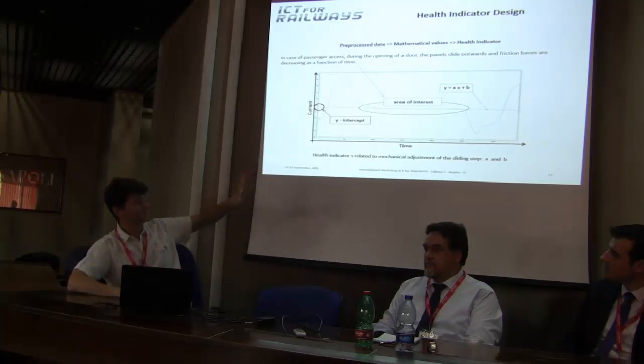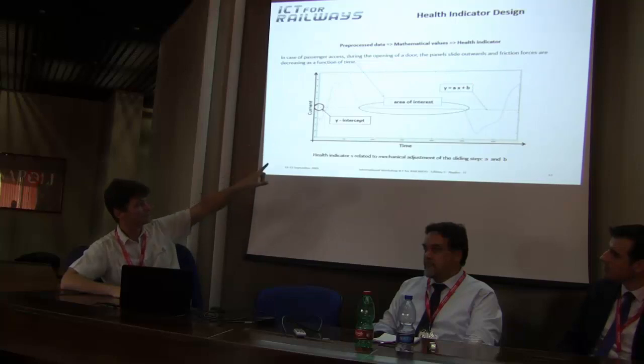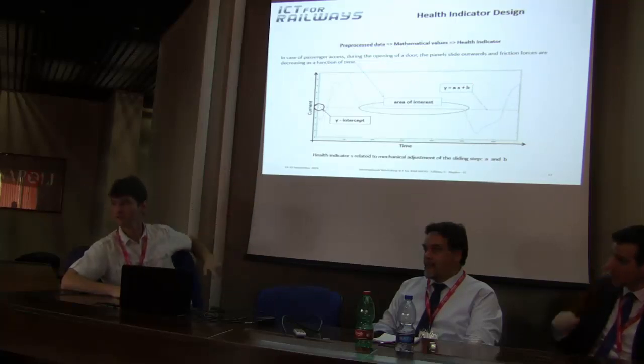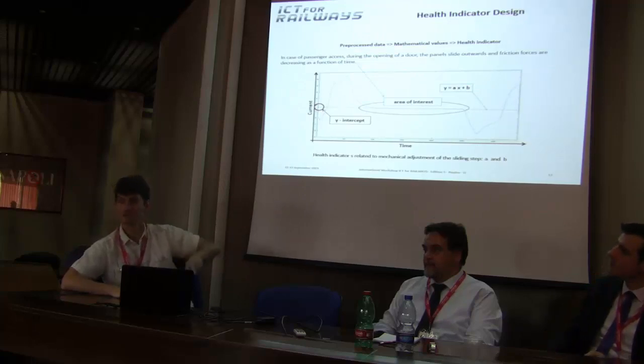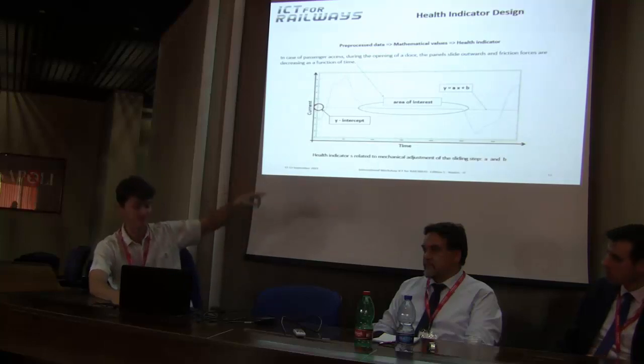By only doing simple mathematics, such as linear regression, we can have two health indicators: A, the slope, and B, the y-intercept. With those two health indicators, we can have information about the adjustment of the sliding step. So it's not so complicated, but we need experts on the system before defining all this.